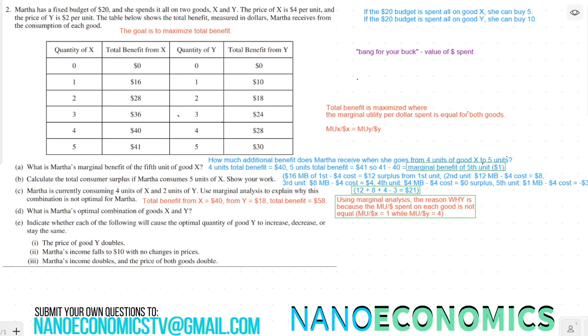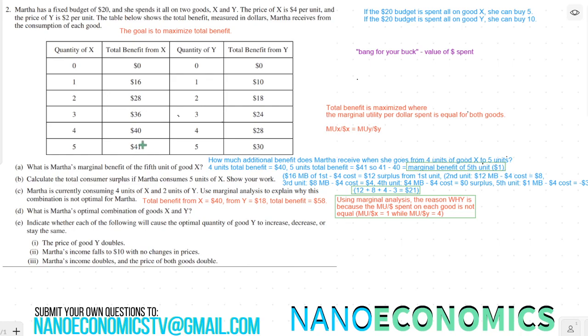But again, when you see the word marginal, the word additional is always going to be substitutable in terms of reading and understanding the question. So for A, if we say, what is Martha's additional benefit for the fifth unit of good X, what we want to know is what of this total benefit from good X came explicitly from the fifth unit.